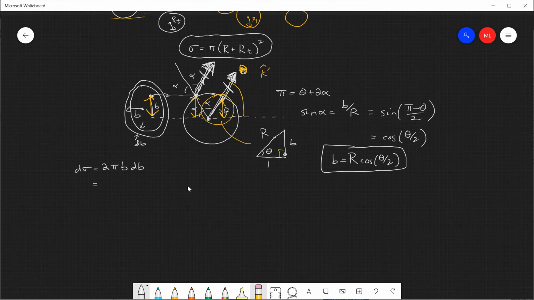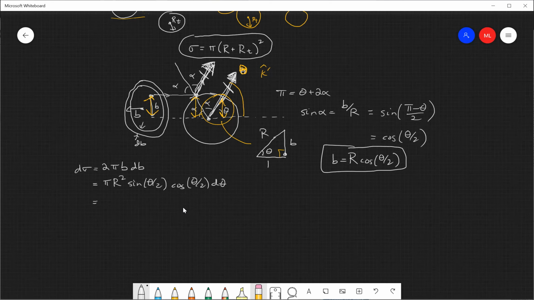But now we can just start plugging in for these various quantities. This is pi r squared sine theta over 2, and we differentiate b here. We have a b here, so that gives us a cosine theta over 2, d theta. All that happened is the 2's get canceled from differentiating the db, and we pick up a sine and cosine there.